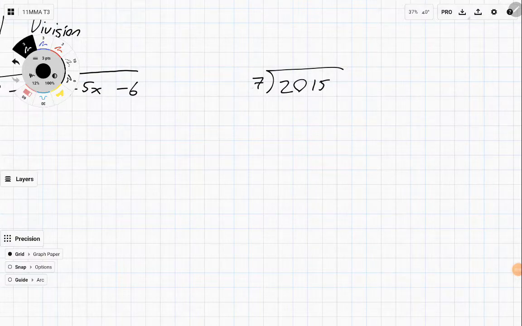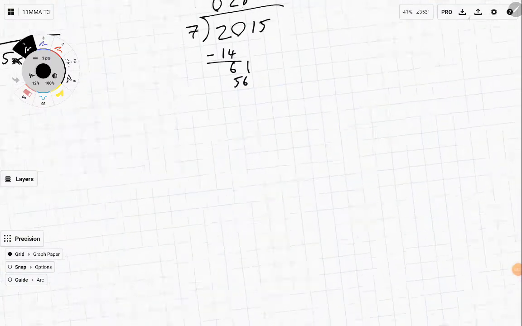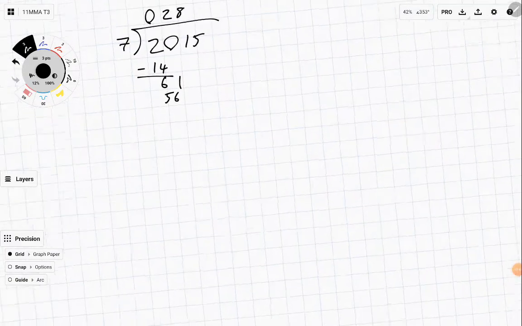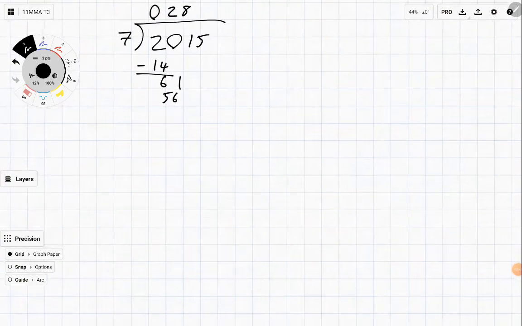Okay, let's try it. 7 can't go into 2. 7 can go into 20. 7 can go into 20 twice, which would give us 14. 14 off 20 leaves us with 6. 7 can't go into 6, but 7 can go into 61. 7 can go into 61 56, that's times 8, so it can go in 8 times.